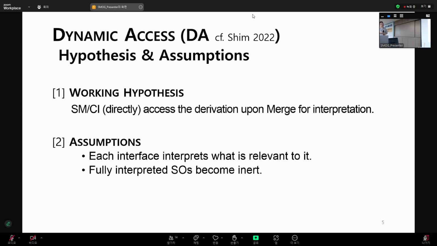And the second assumption I make is that fully interpreted syntactic objects become inert, or inaccessible, or invisible, depending on your terminological preference. So I believe the two assumptions are quite intuitive to me. So these are the central ideas in my DA model.